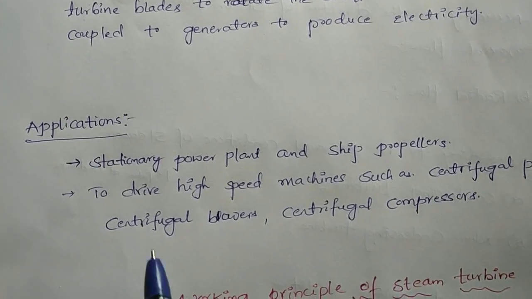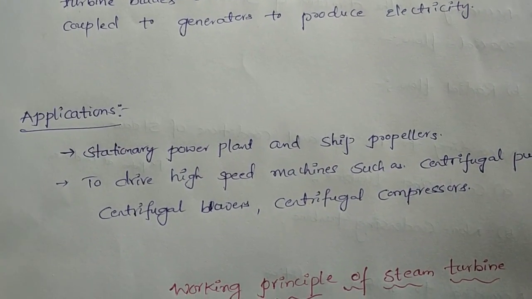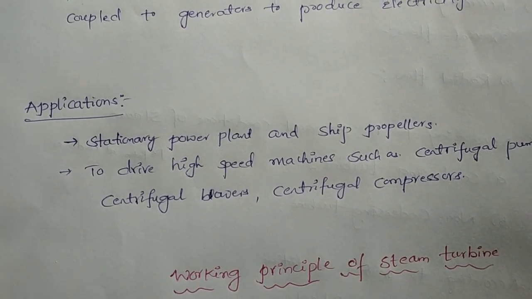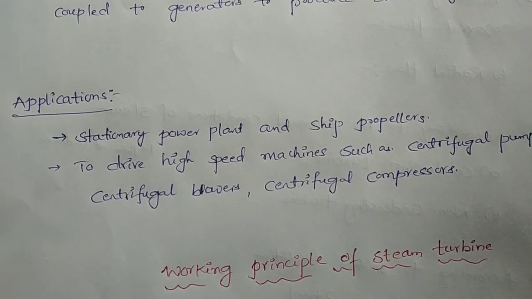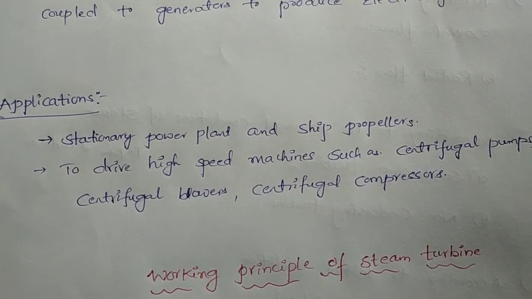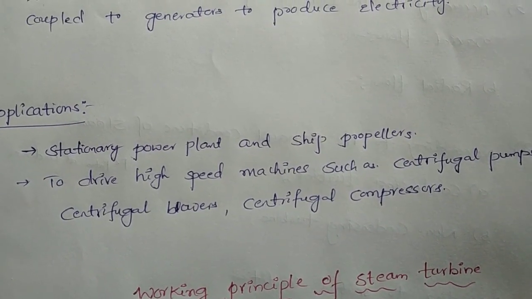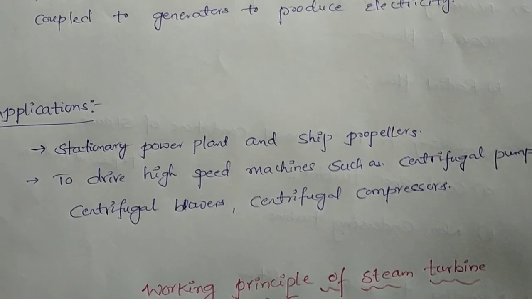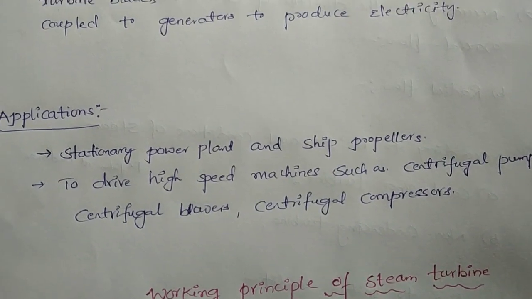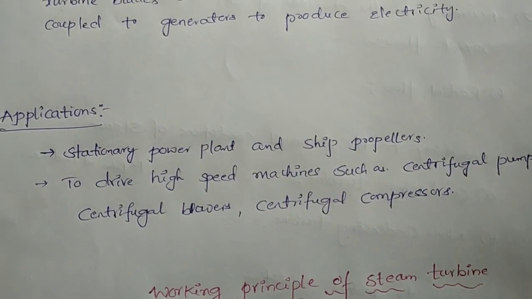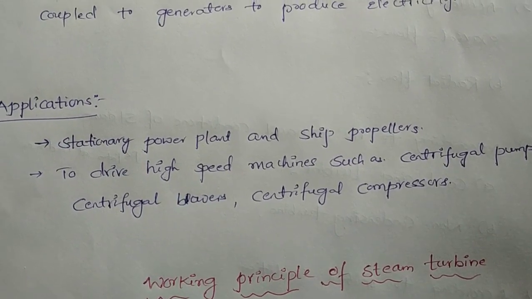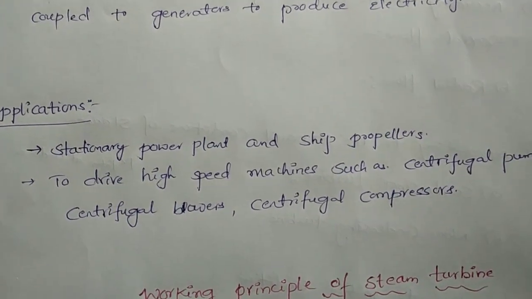Next, to drive high speed machines like a centrifugal pump, centrifugal blowers, and centrifugal compressors, there also you use the steam turbine. In the previous lecture I explained that the power required to run the compressor came from the turbine only.